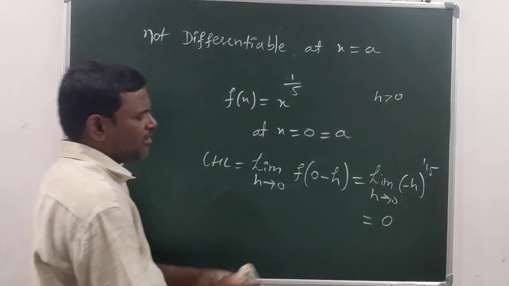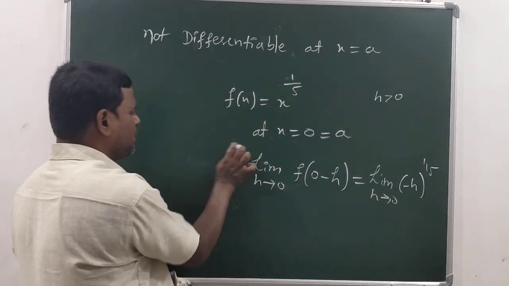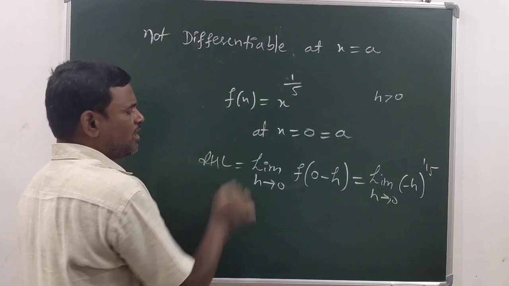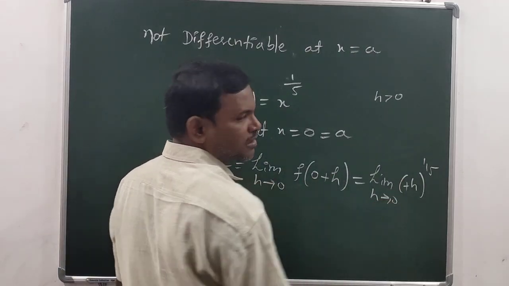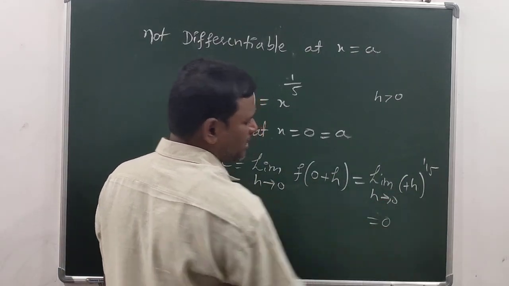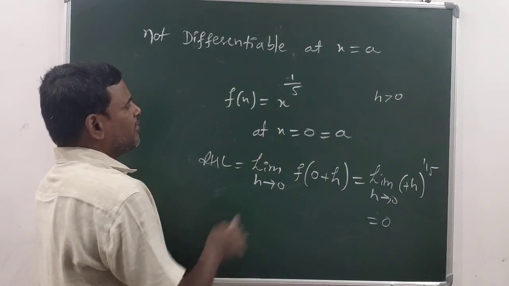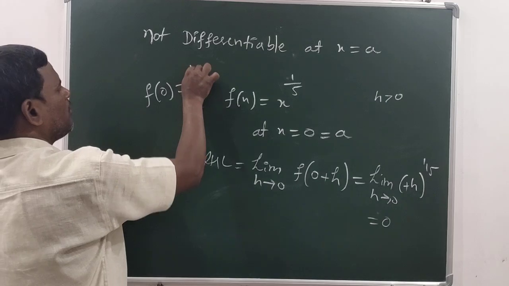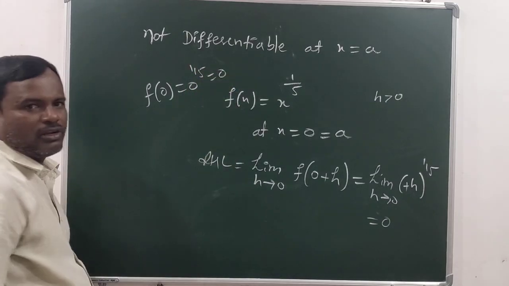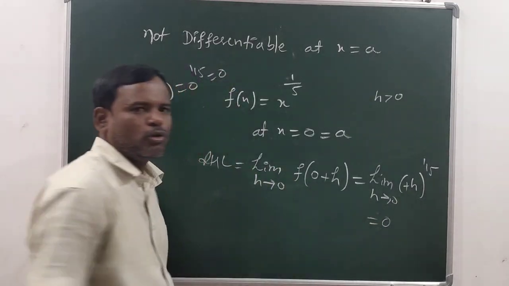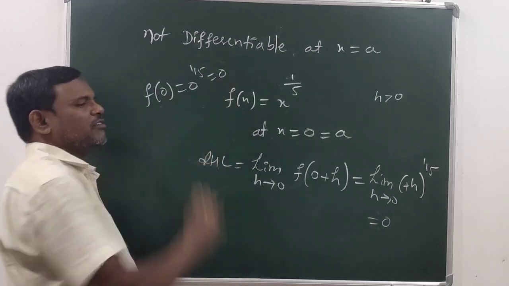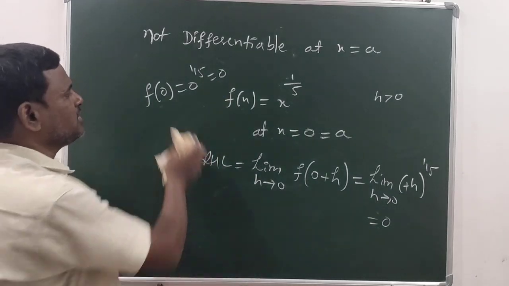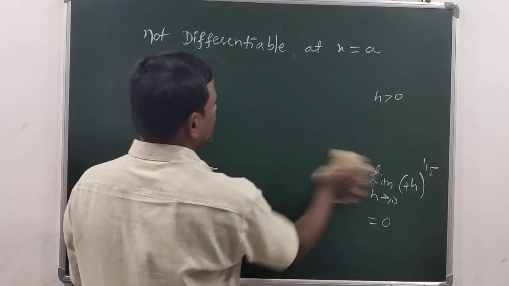In the same manner, check the right hand limit, just put plus here. Now put h value 0, which becomes 0. The value of the function at x equal to 0: 0 power 1 by 5 becomes 0. Now left hand limit and right hand limit both attain 0, and the value of the function is 0. Hence that function is continuous.